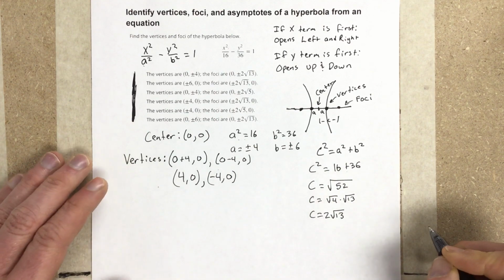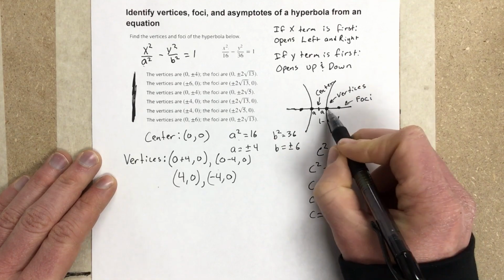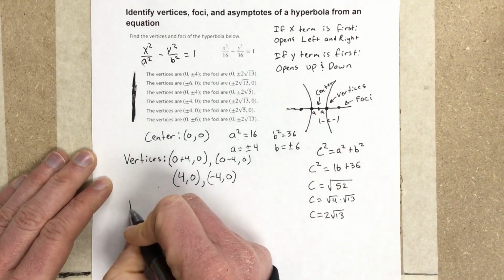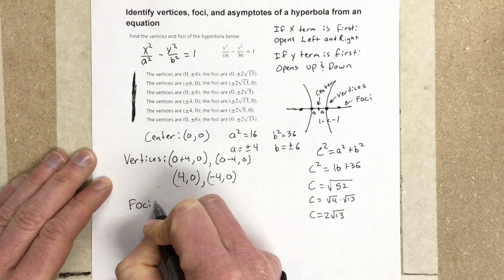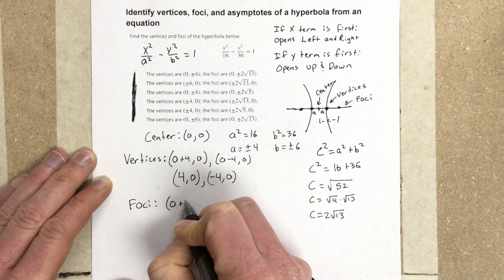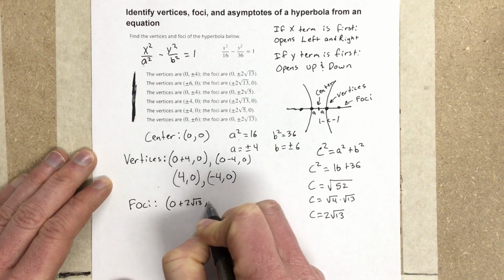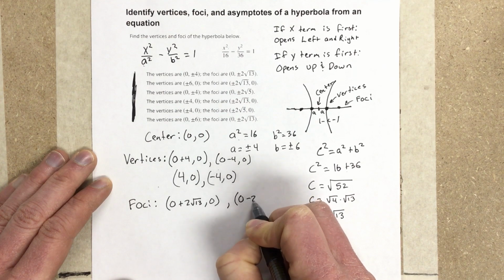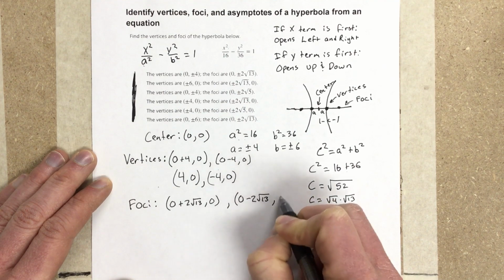So my foci then are again going to be, we have to add to the x value for each of those, 0 plus 2 root 13, comma 0, and then 0 minus 2 root 13, comma 0.